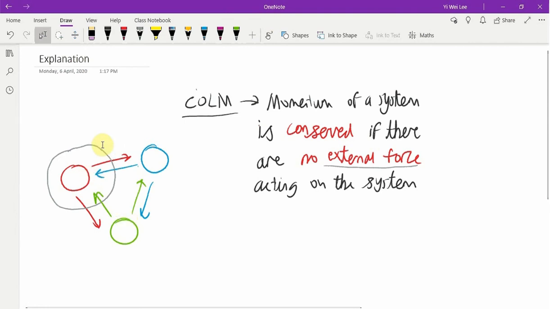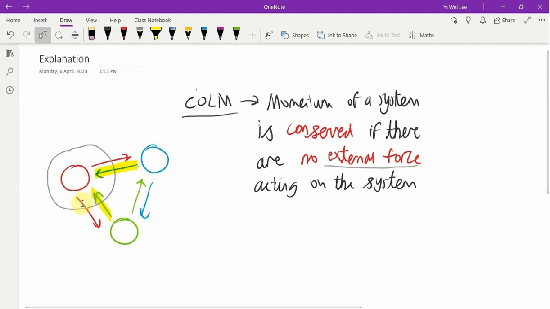Hence, when I draw my boundary in this manner, this blue force and this green force are considered external forces with respect to this system, because these two forces originate from particles outside the boundary, and they are imposed on the particle inside the boundary.